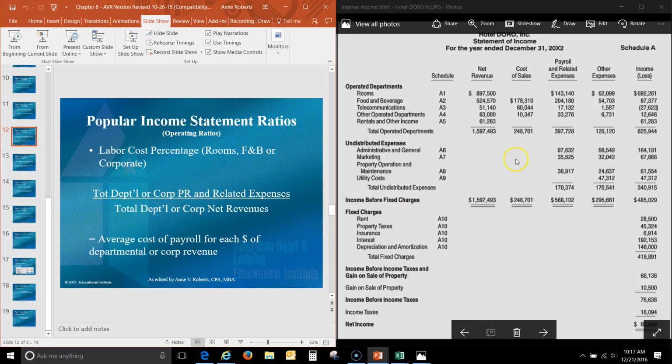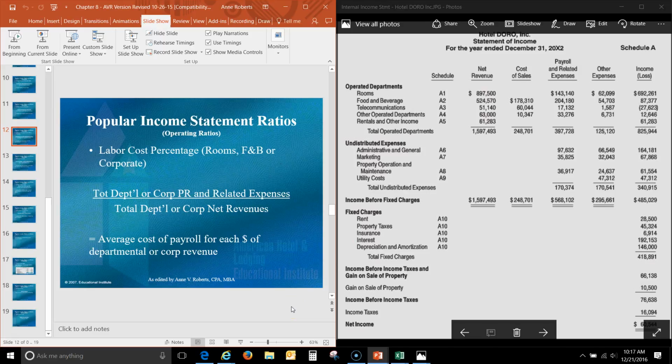Our departmental payroll and related expenses is going to come from this group right here, okay? And our net revenues for that department are going to come from over here, okay? If we want to do this on a corporate level, we would take total payroll and related expenses divided by our total revenues, okay? Again, this is another one of those where in the book, it's one ratio applied multiple different ways.